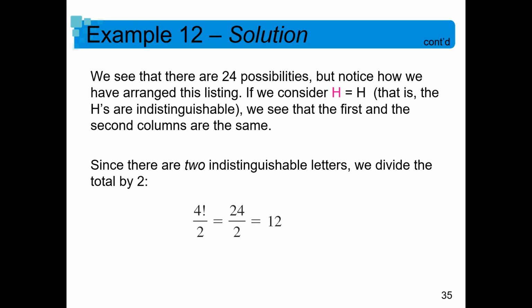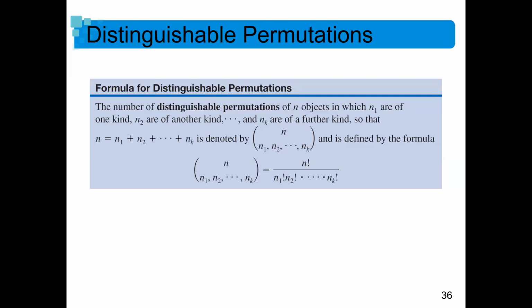Anyway, this is just the formula. The number of distinguishable permutations of n objects in which n1 are of one kind, n2 are of another kind, and nk are of a further kind, so that n equals n1 plus n2 plus dot dot dot plus nk, is denoted by n factorial over n1 factorial times n2 factorial and so on.